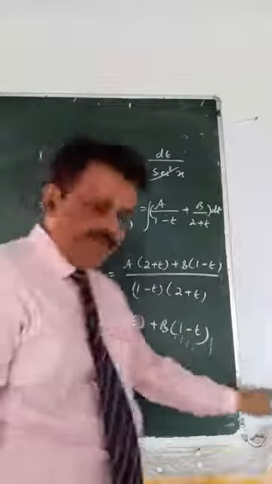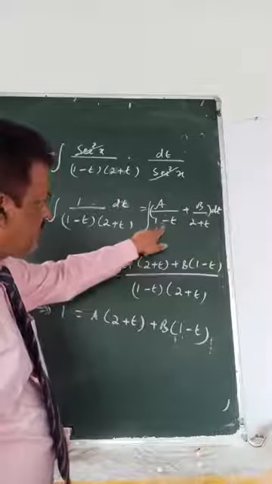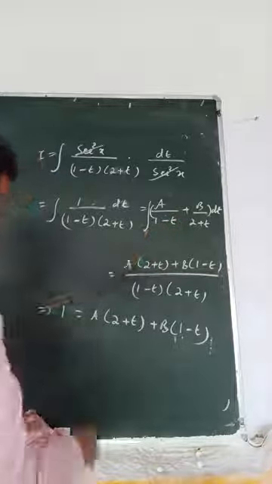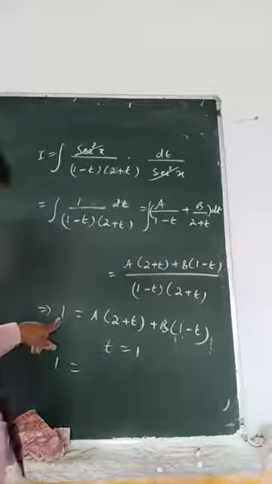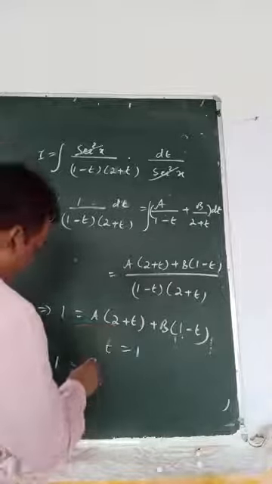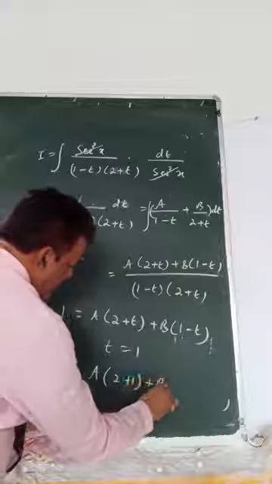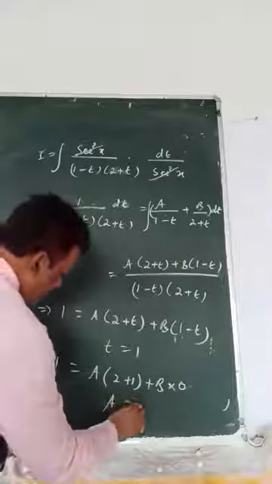Now what shall I put here? This will be 0 every time. The clue is here: put t equals 1. A into 2 plus 1, b into 0. So a equals 1 by 3.